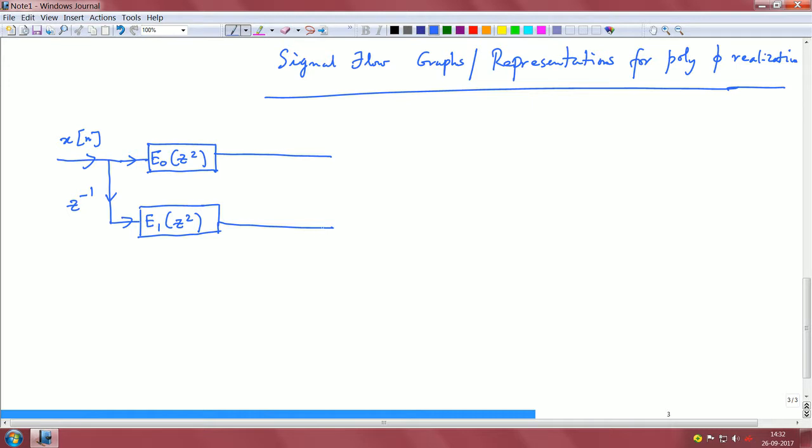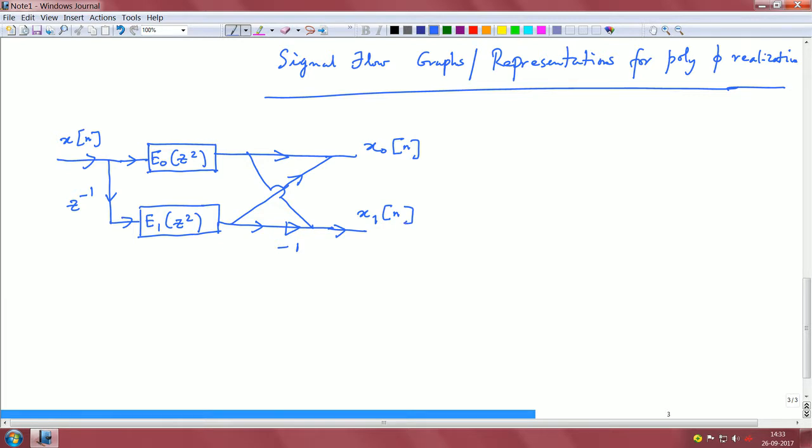Now, I take this component here, add them up with this branch, I get x naught n, then I have a gain of -1 here, I add from the first polyphase component and I get x1 of n.